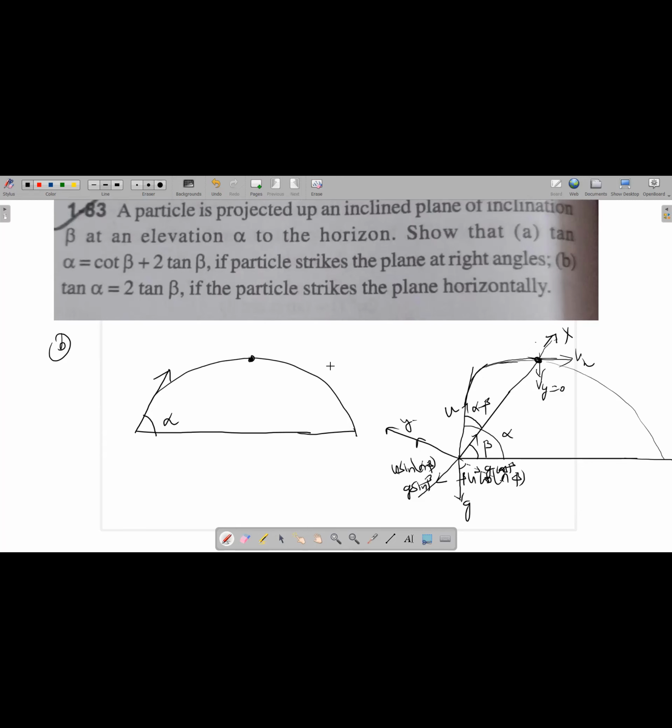So in this case, again we do the same thing. We'll apply the concept: time of flight for ground to ground, by 2, half of this should be equal to the time of flight on the inclined plane. We already did this time of flight on inclined plane.